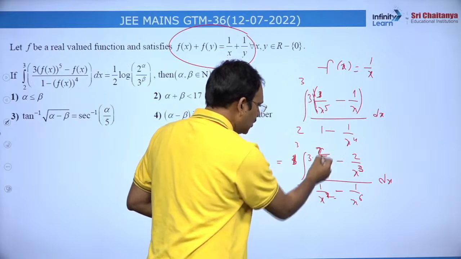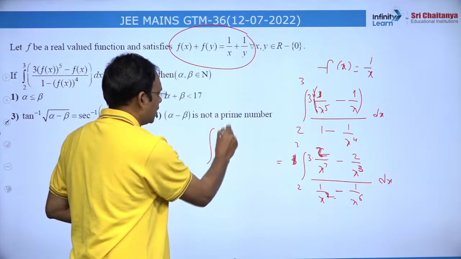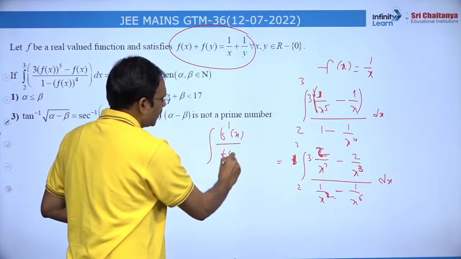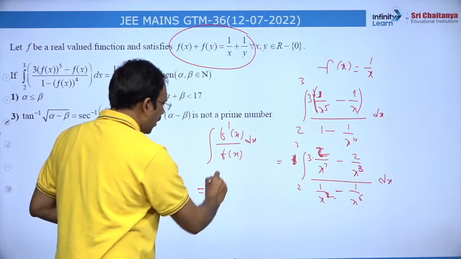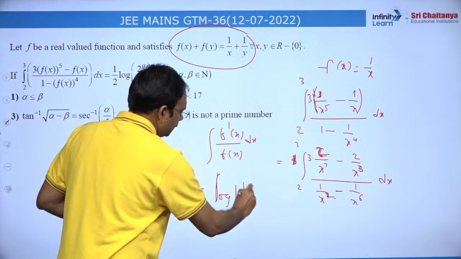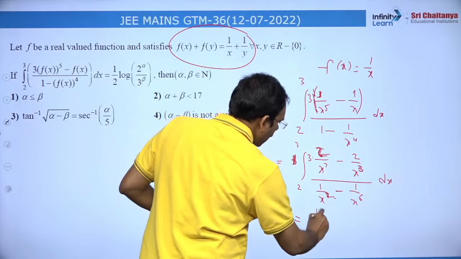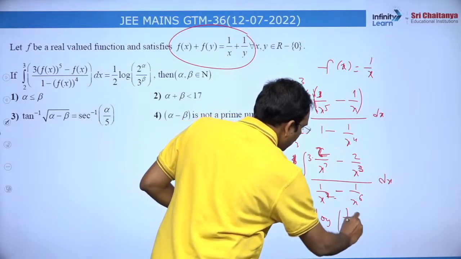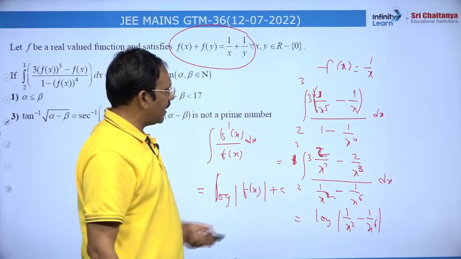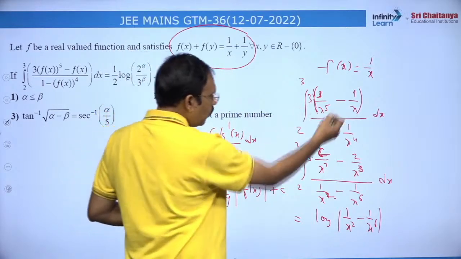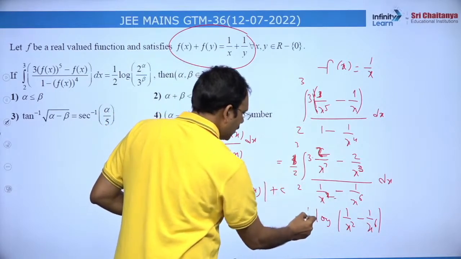So 3 into 2 becomes 6 by x power 7, exactly f dash x by f of x kind of form. The integral of f dash x by f of x dx is log mod f of x plus c. So here it is log mod of 1 by x square minus 1 by x power 6. You have multiplied here with 2 by x square, and here I have multiplied with 1 by x square itself, so you need to write 1 by 2 here also.